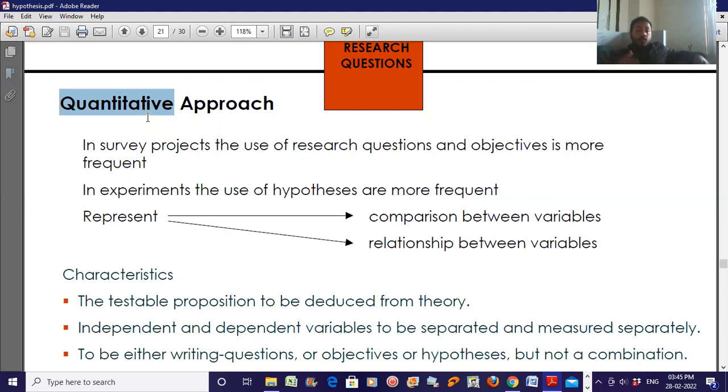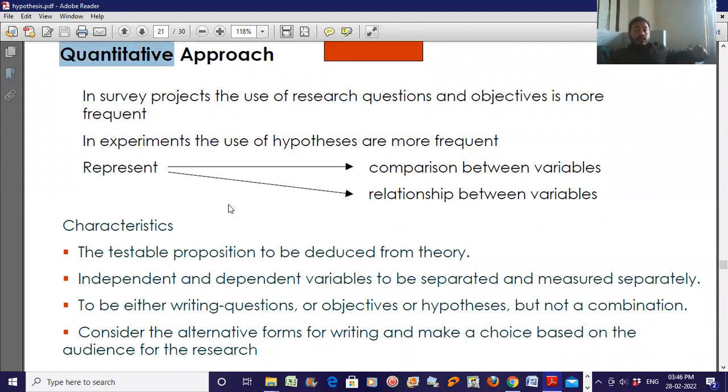The best example is survey projects. In survey projects, the use of research questions and objectives is more frequent. In experiments, the use of hypotheses is more frequent. So in quantitative research, we focus more on the relationship between variables.